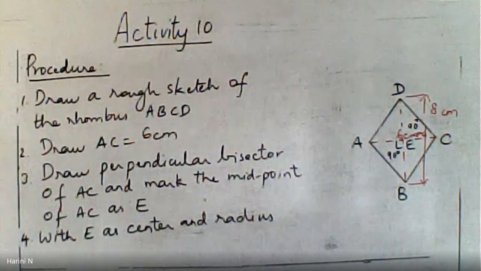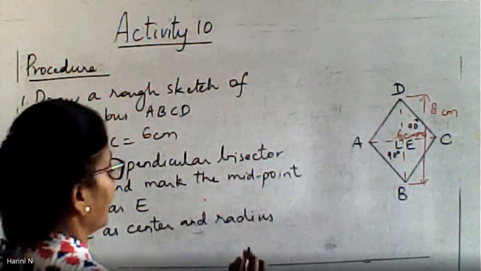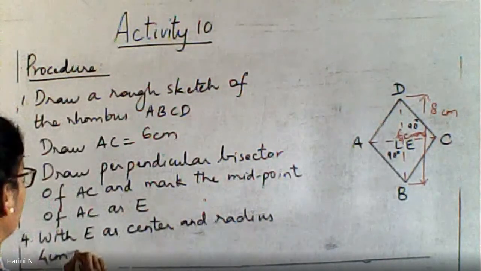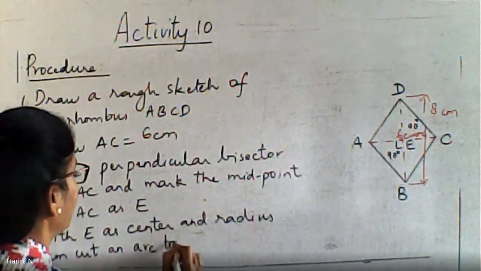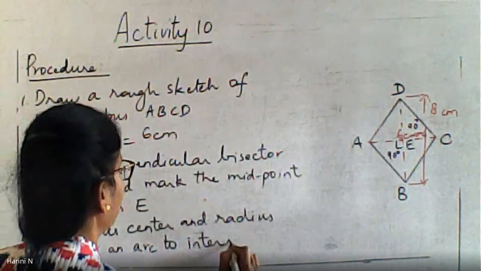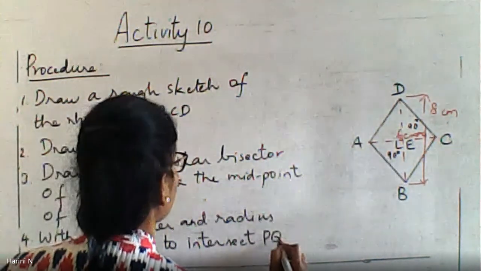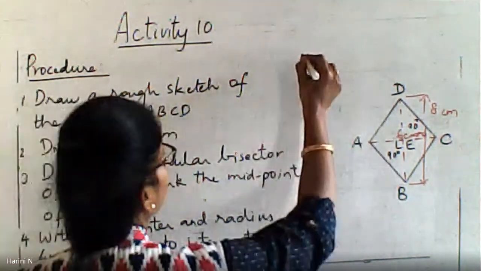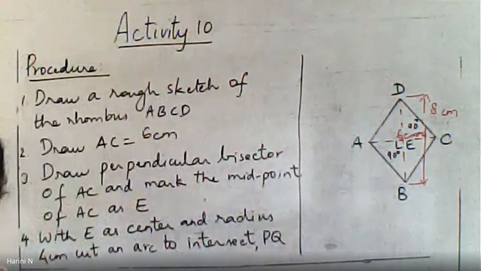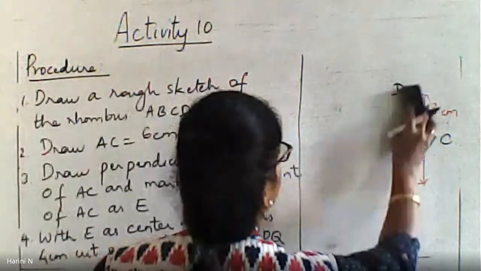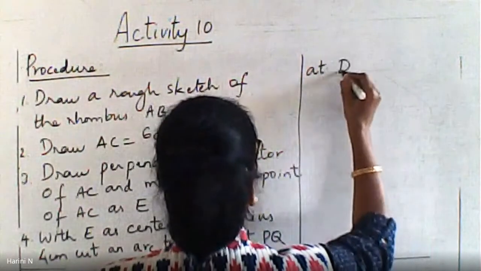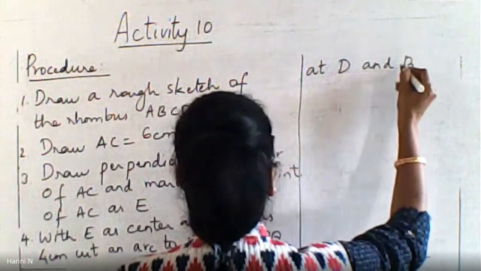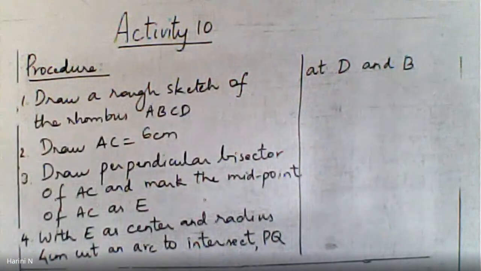With E as center and radius 4 centimeter, cut an arc to intersect PQ, the perpendicular bisector, at D and B. D above, B below. So you will intersect the PQ, which is the perpendicular bisector, at D and B.